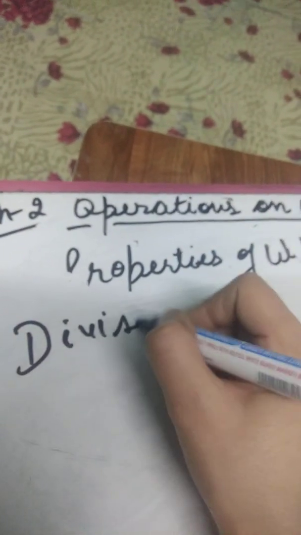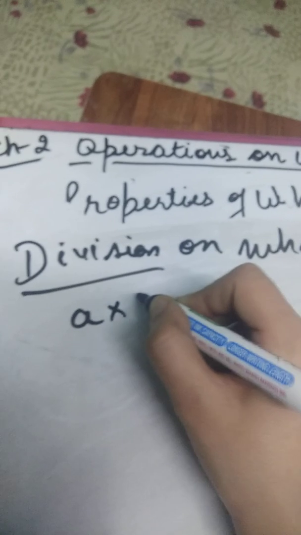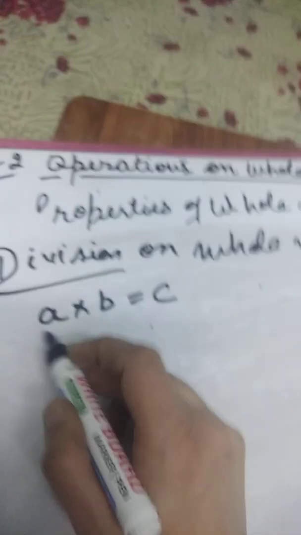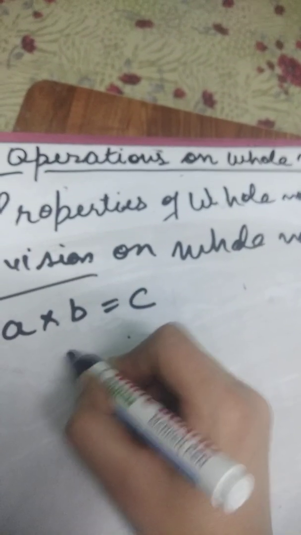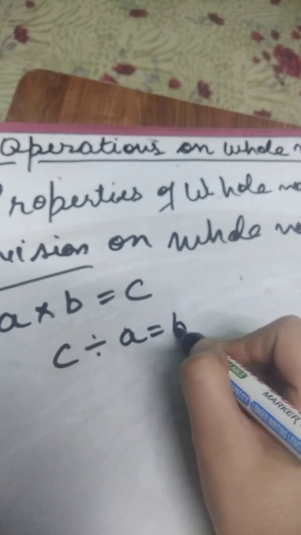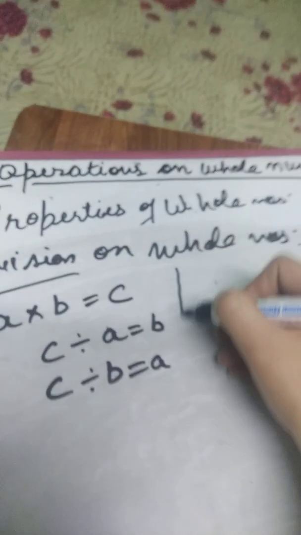Now in this division on whole numbers, under this it says if A and B are whole numbers and we say A into B is C, where A, B, C are whole numbers, then C divided by A is B and C divided by B is A. Now compare it with an example, it will be very clear to you.